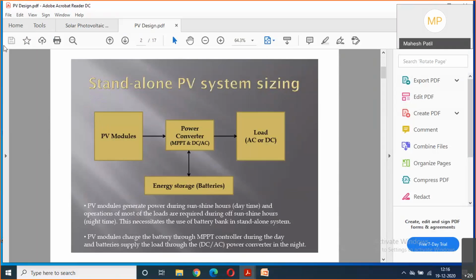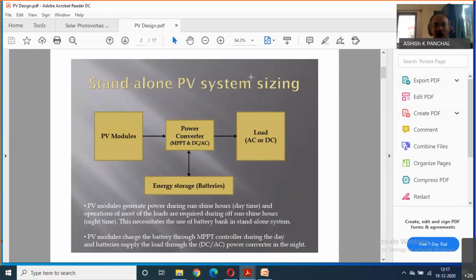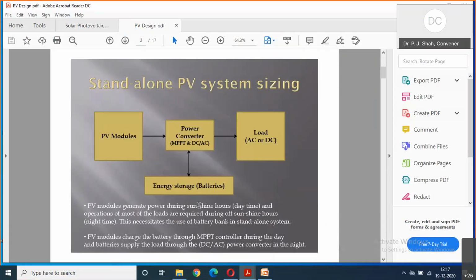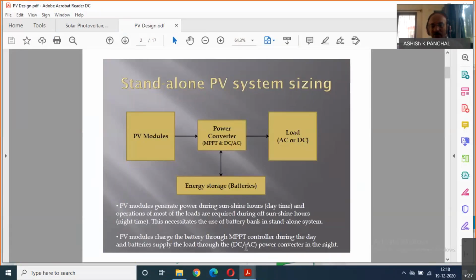I think you are using a Bluetooth headphone, that's why the sound may be breaking. It is breaking now. Please keep all participants muted, that may also be causing the problem. Okay, now am I audible? Yes sir, the voice is clear now.